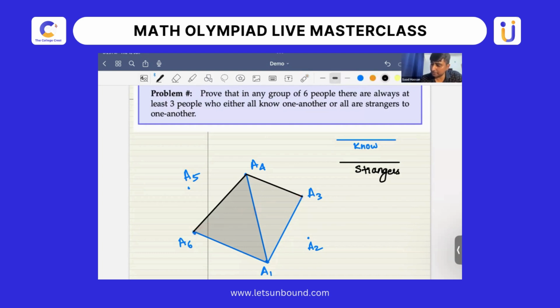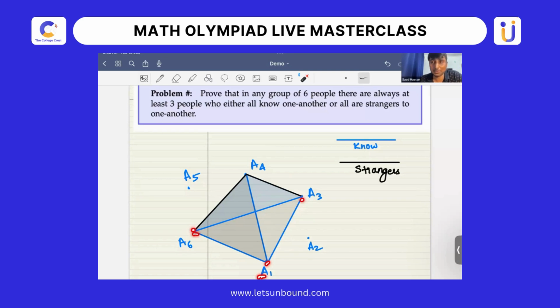If you're going to connect these 2 nodes by a blue line segment, then I'll ask you to consider the triangle A1, A3, and A6. Now, since this triangle is all blue, it means that A1 knows A3, A3 knows A6, and A6 knows A1.